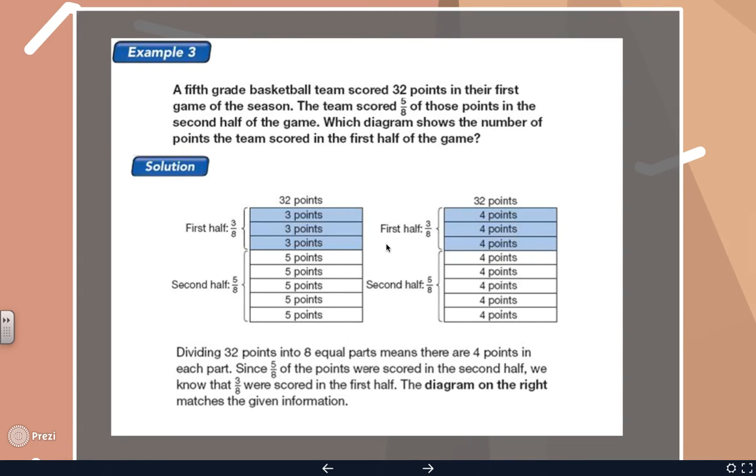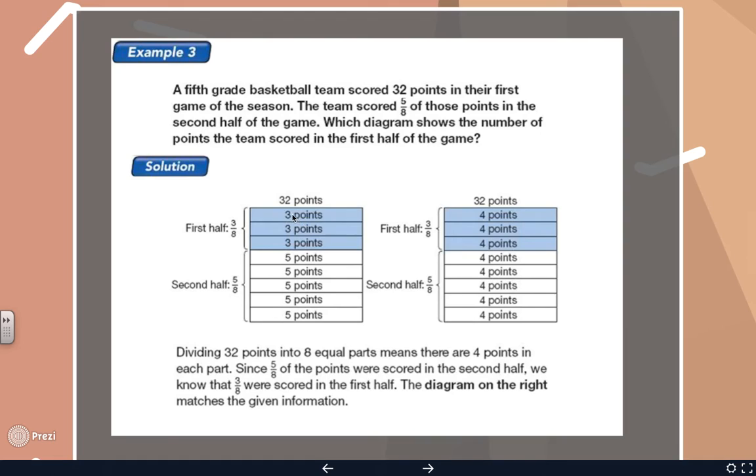We're going to divide this into 8 and then figure out how many points each thing is, right? So dividing 32 points into 8 equal parts means there are 4 points in each part, right? Since 5/8 of the points were scored in the second half, we know that 3/8 were in the first half. The diagram on the right matches the given information.